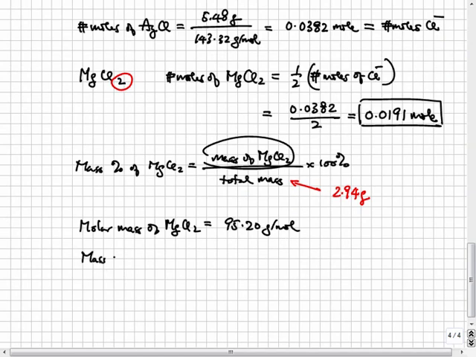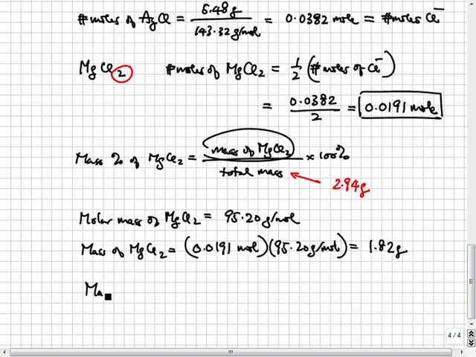The mass of MgCl2 is 1.82 grams. Therefore, the mass percentage of MgCl2 is 61.9%.